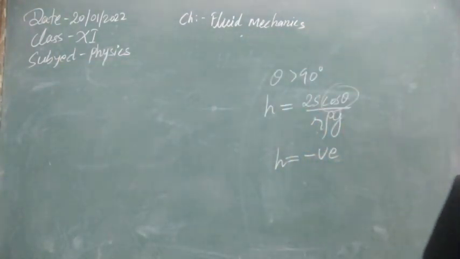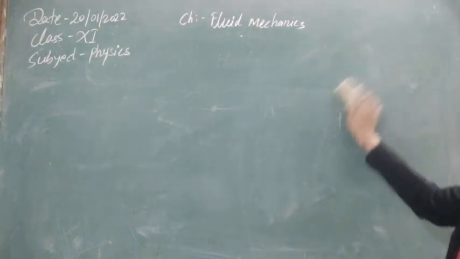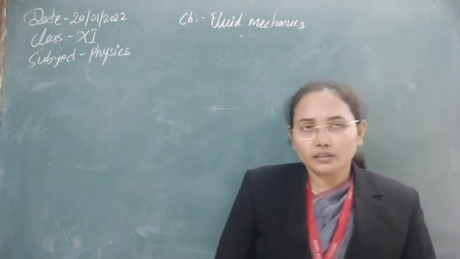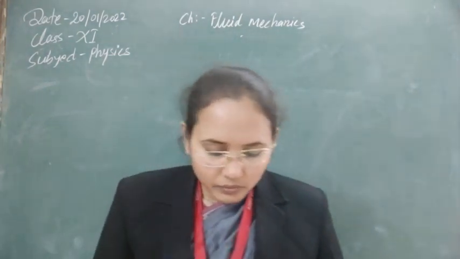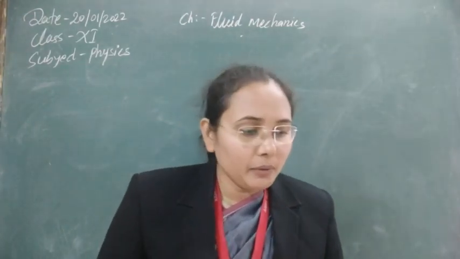The second question after this is: why does an iron needle float on clean water but sink when detergent is added to the water? This question can be understood in a number of ways, but we will understand it with the help of surface tension.